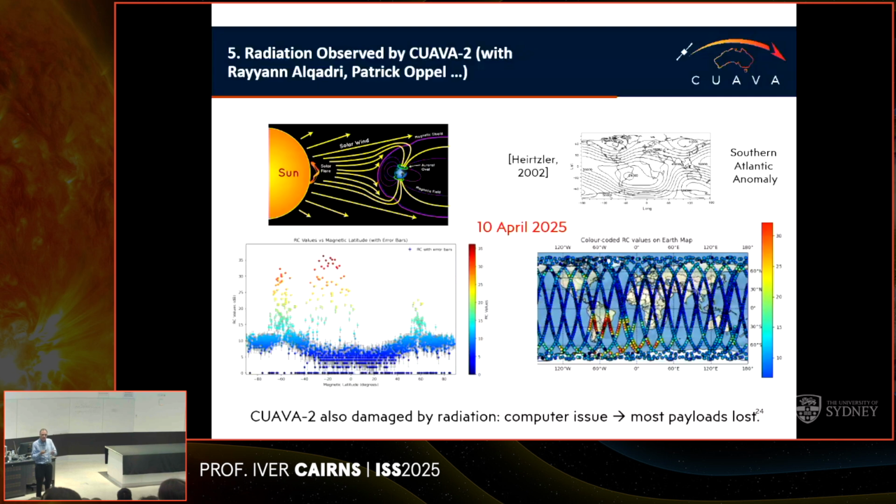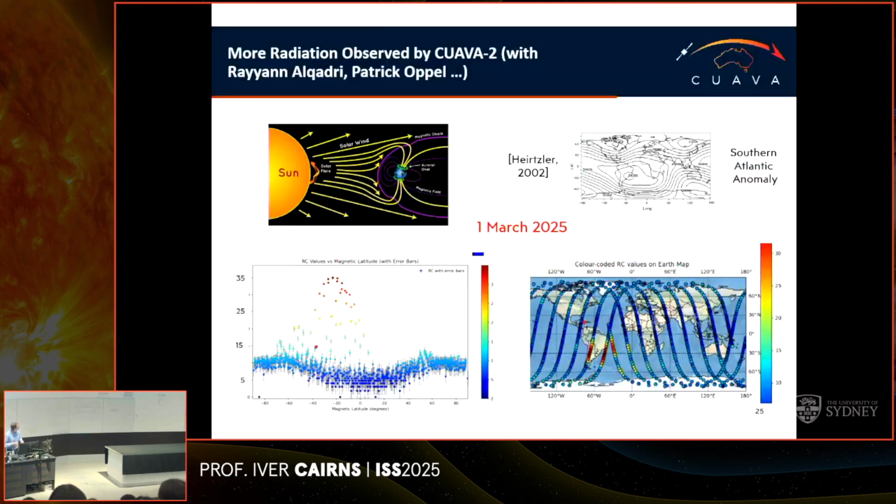That's this weak region in Earth's magnetic field in which a lot of the energetic particles come down into the atmosphere. And you notice that this is about a factor of 3 more intense than the other one. Here's the southern Atlantic anomaly. So is this usual? This was the 10th of April. 1st of March, so about a month before.